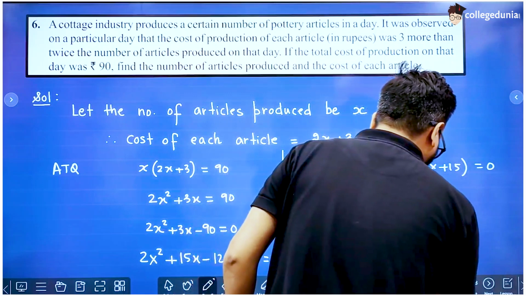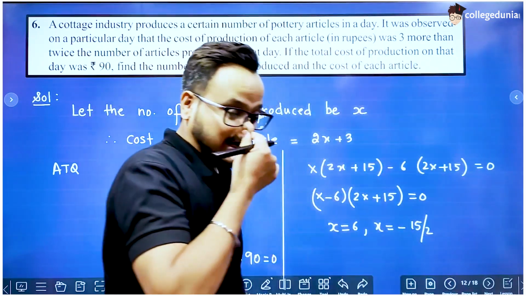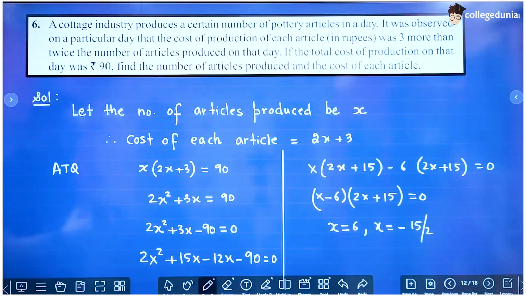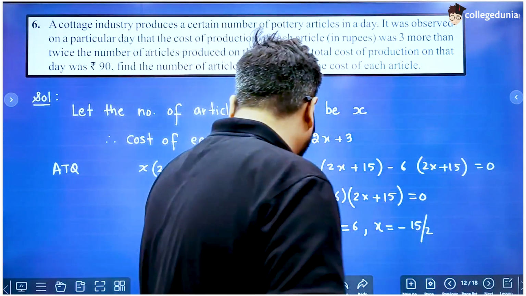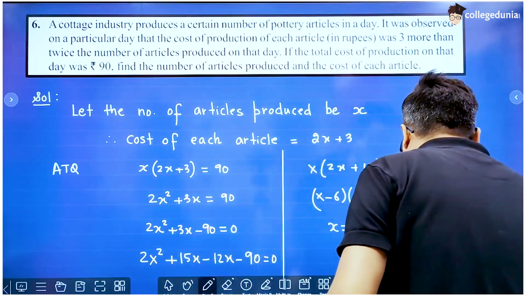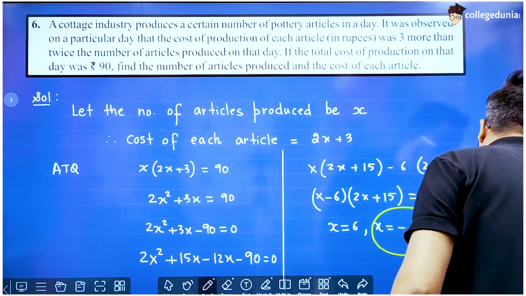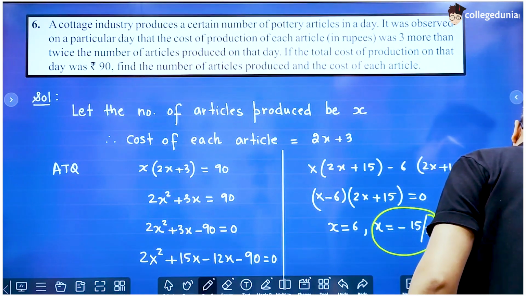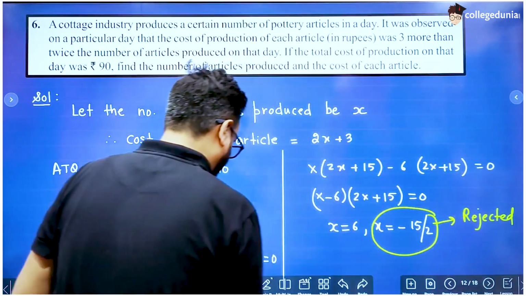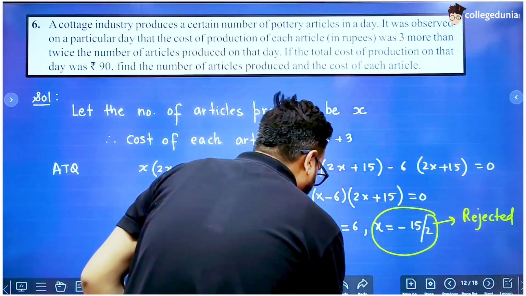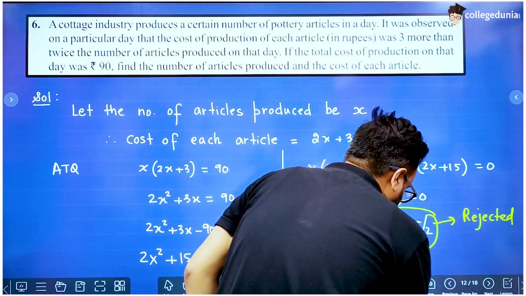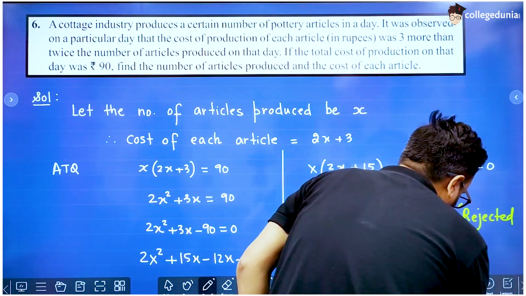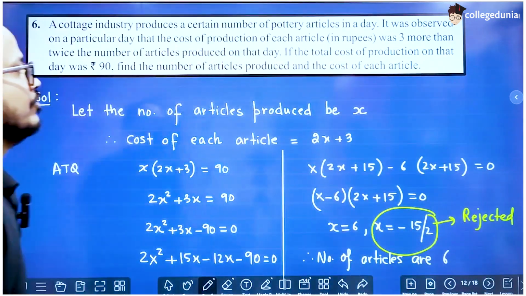x is the number of articles that is produced on a particular day, and the number of articles can always be an integer and a positive integer. So it cannot be negative, it cannot be a fraction. So based on that, this value is rejected. So x is 6. Therefore, the number of articles is 6.